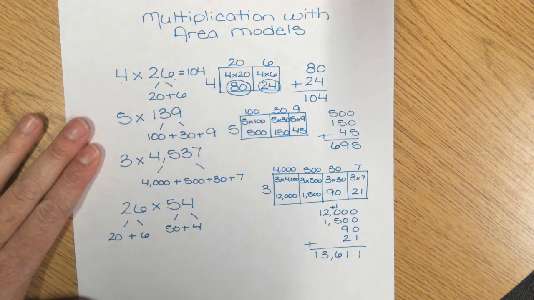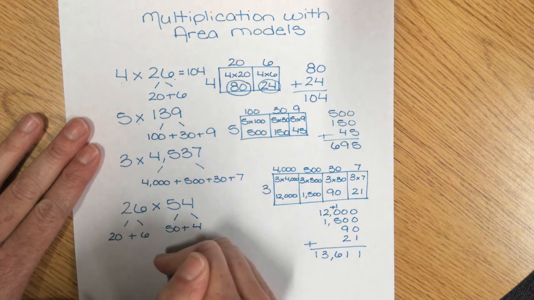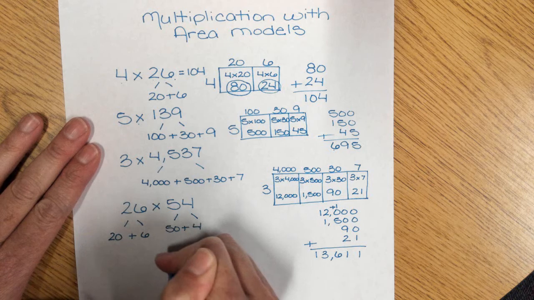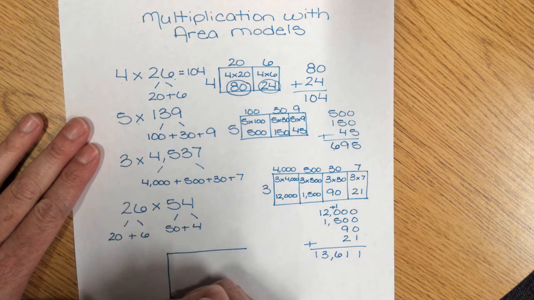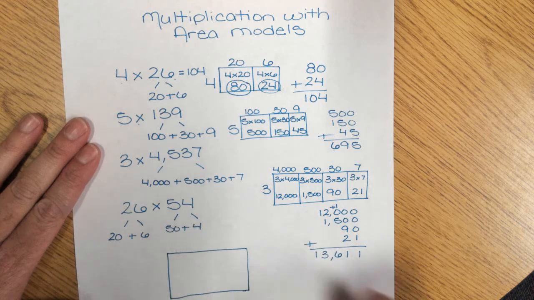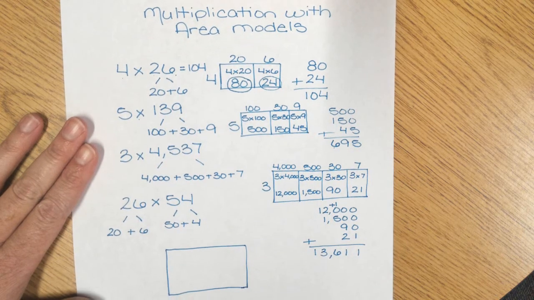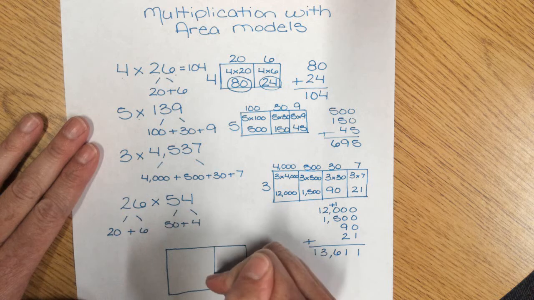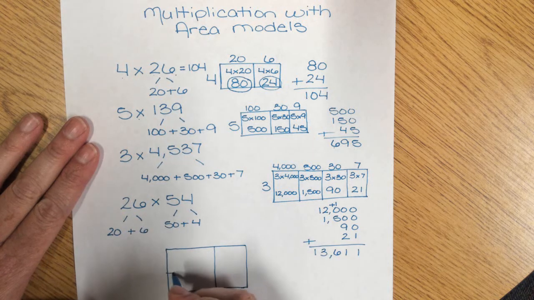Drawing my area model for this, I have 4 numbers that I've broken apart, and my area model needs to represent that. So looking at this area model, we're going to do 4 boxes, but we're going to do our boxes slightly different because it's a 2-digit by 2-digit area model. So we're going to divide it into 4 boxes this way.